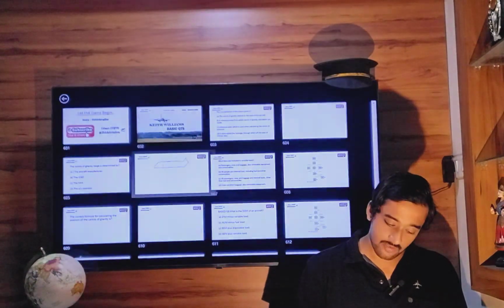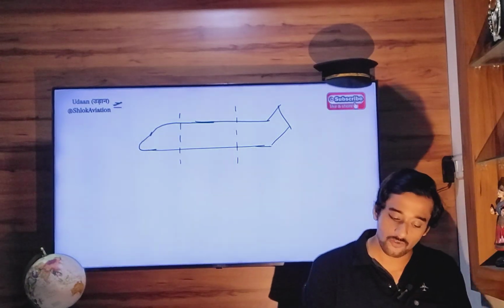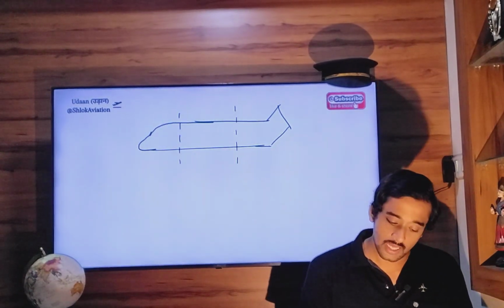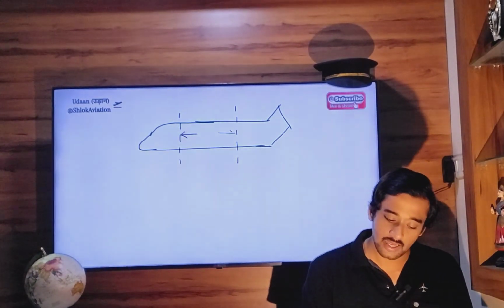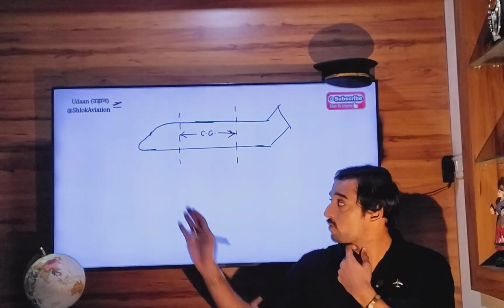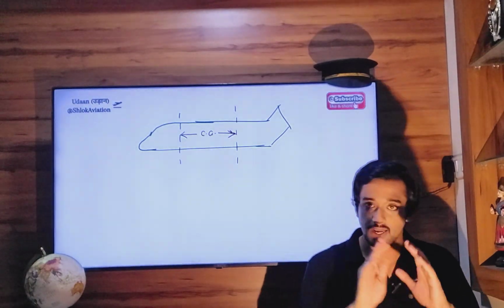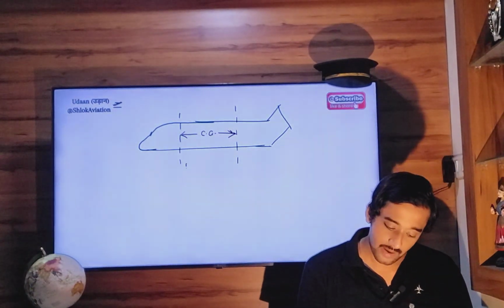So the center of gravity of this aircraft is permitted to move within this range, between the forward limit and the backward limit. This total range is determined by the manufacturer.